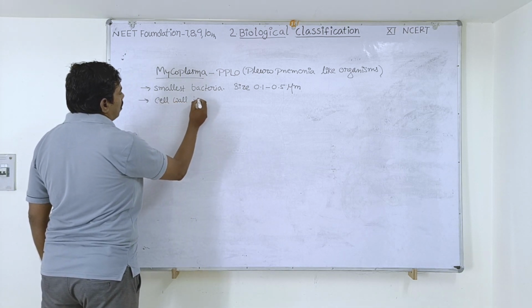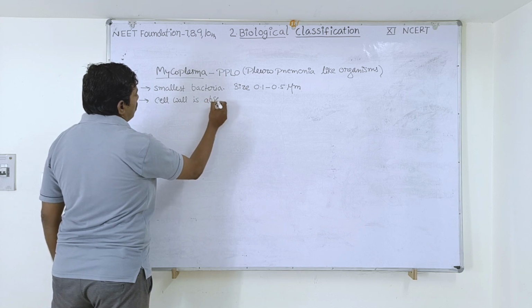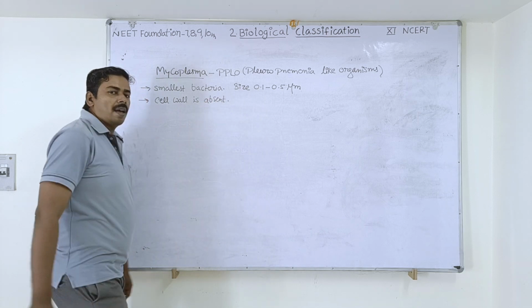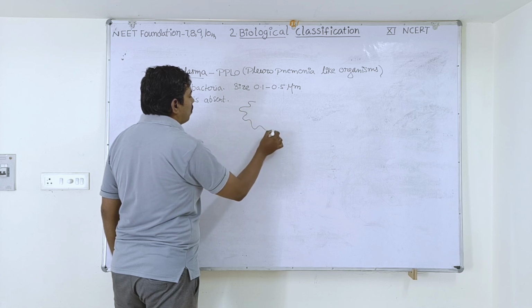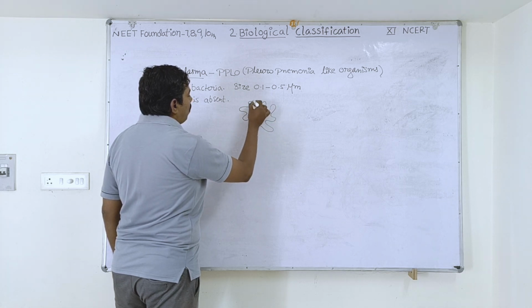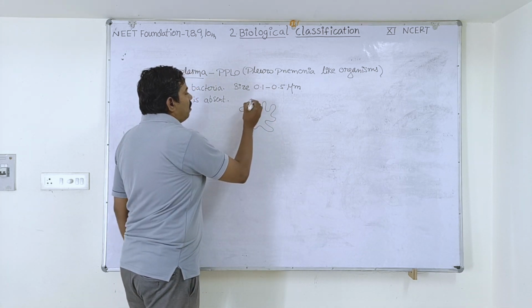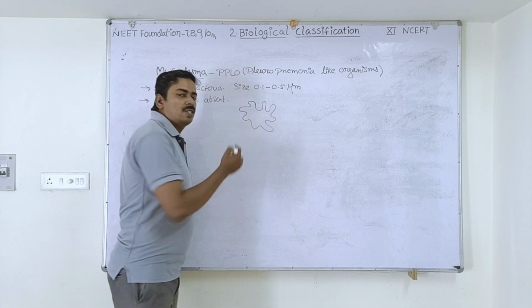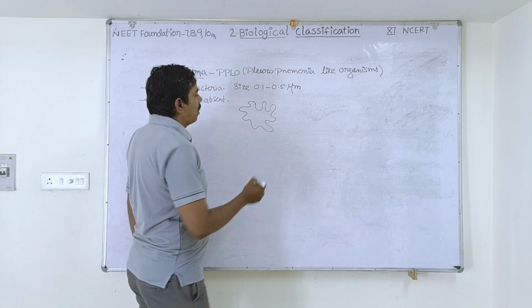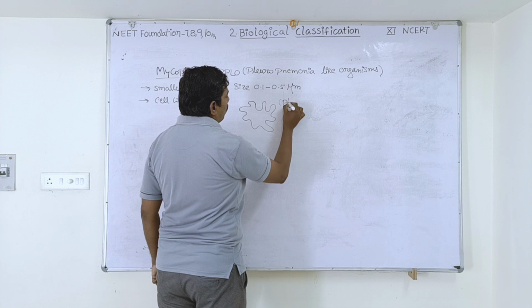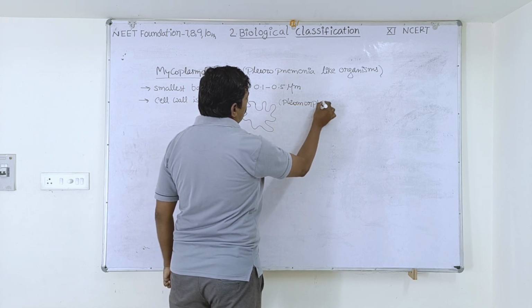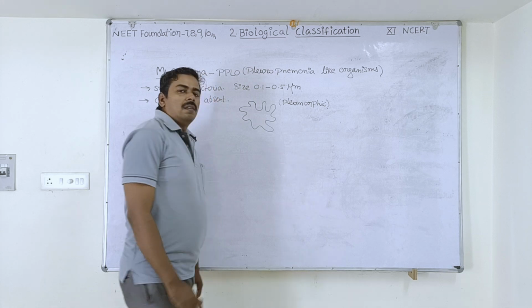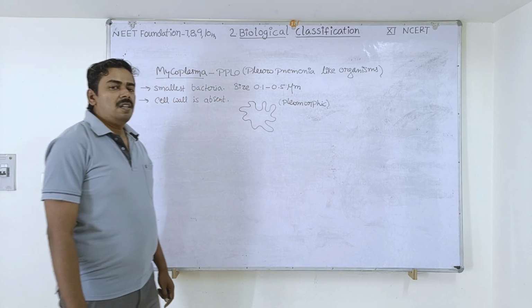Because of absence of cell wall, these bacteria have irregular shape, and often they change the shape of their body. That's why these bacteria are called pleomorphic, which means the bacteria which often change their shape.